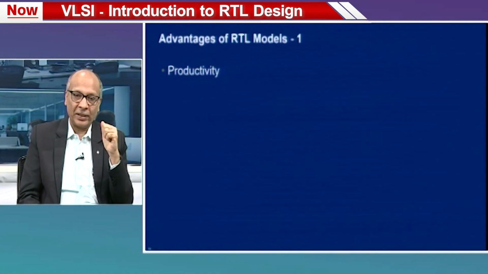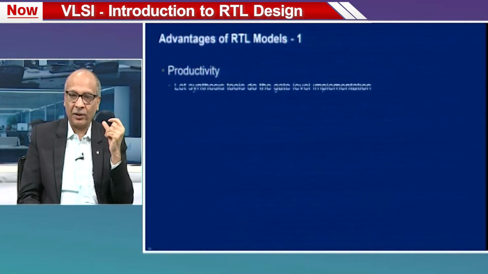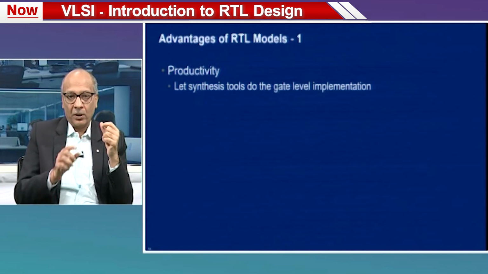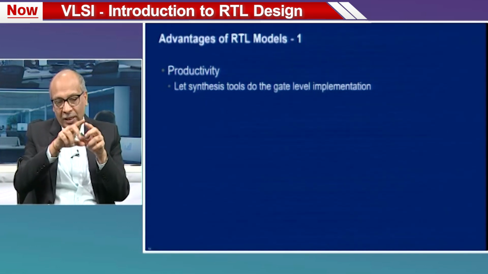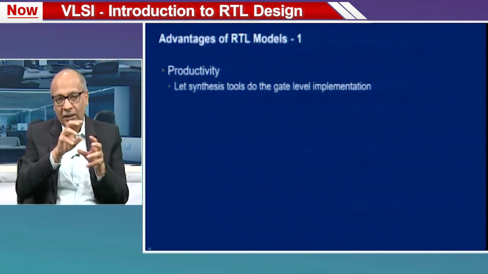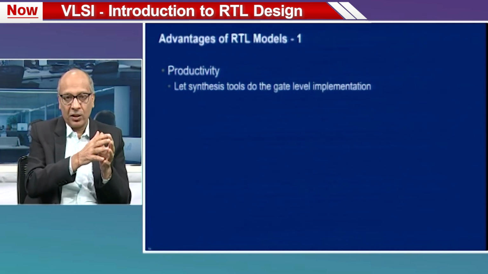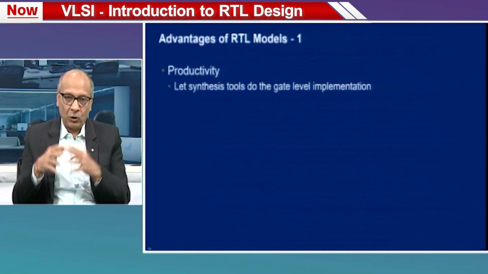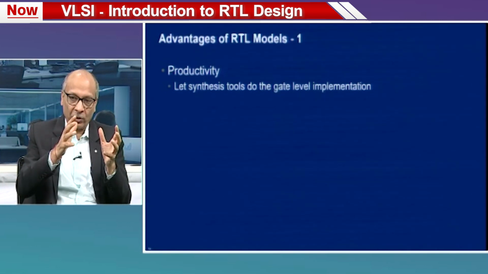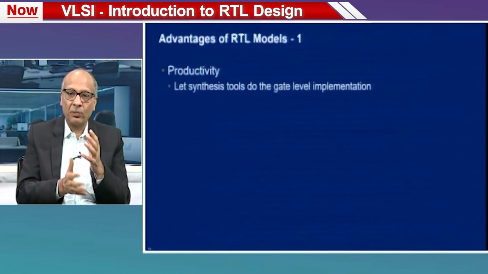So why will somebody write RTL models? One is a higher degree of productivity. Instead of writing your K map and then trying to identify the gate level logic, you can have the synthesis tool do that work. You concentrate only on the algorithm portion of it. So effectively a huge improvement in productivity.